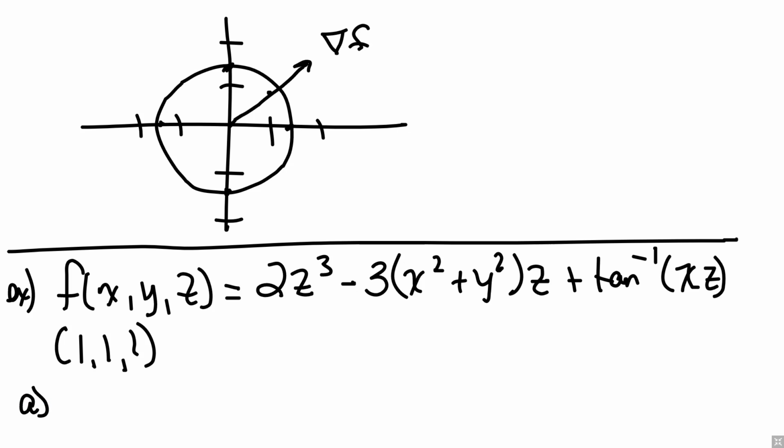Part A, we're asked to find the gradient of f. Since it's 3 variables, we're going to end up doing 3 partials, so it's going to be a vector in the I, J, and K direction.